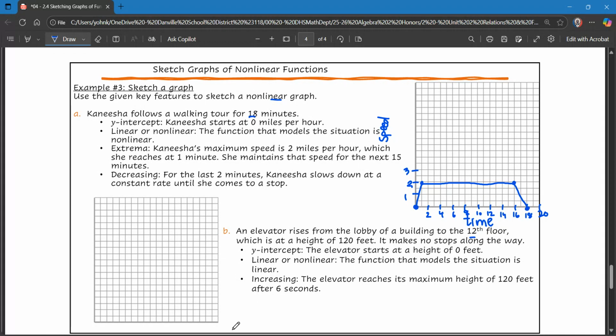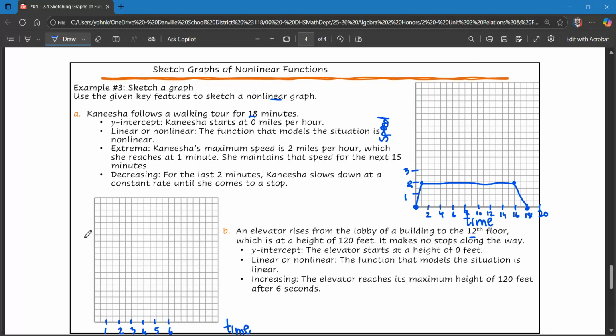Okay, so time is always going to go along your x-axis. It looks like it reaches its maximum height at 6 seconds, and since our maximum height is the floor we're going to, then we need 6 seconds along the bottom. So let's count every other, but count it as 1. So 1 and 2 and 3 and 4 and 5 and 6.